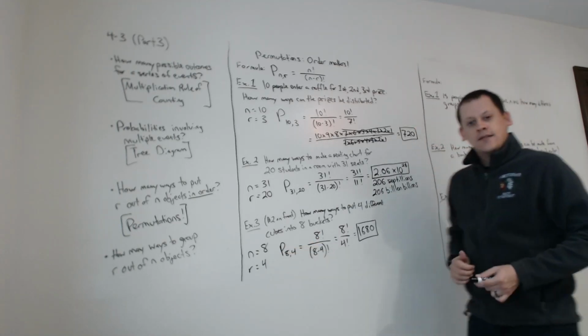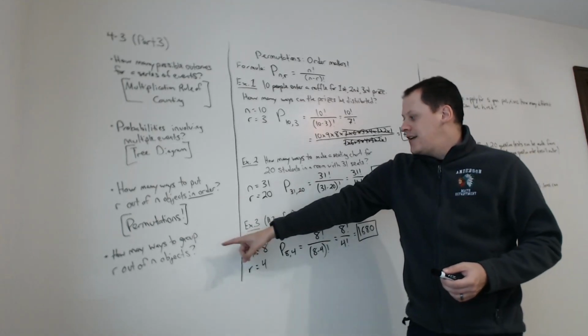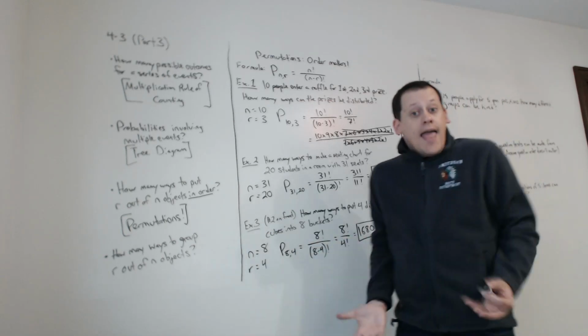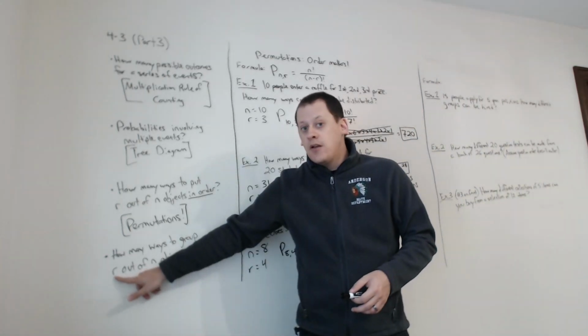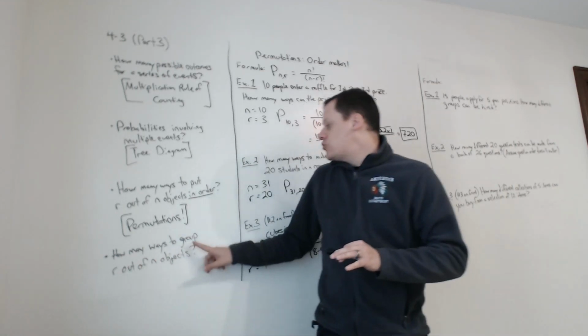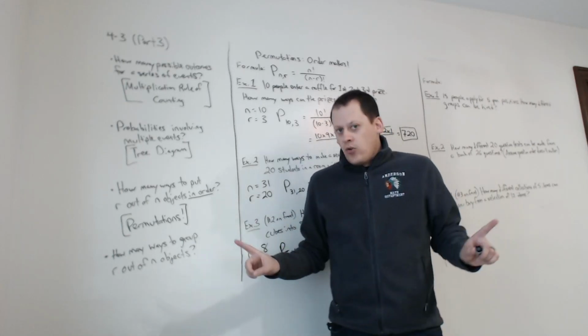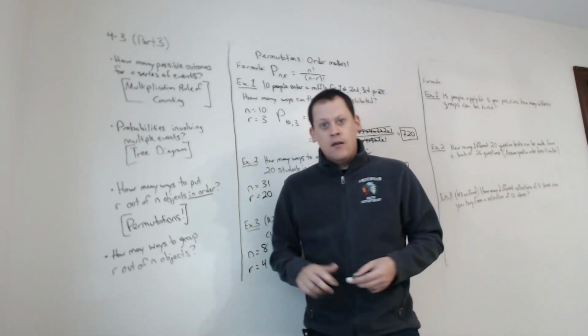All right. So what if your question asks something like this? You've still got n objects, and you still want to mess with r of them at a time, but all you want to do is group those r objects. The order no longer matters. You just want to know how many different groups you can make.